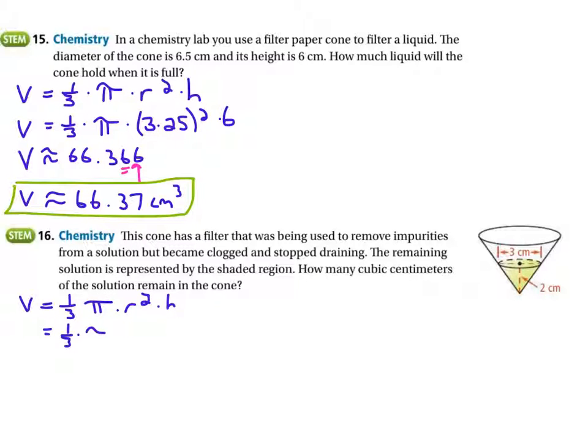Okay, what numbers do we know? Well, we have 1/3, we have pi, we know the radius. If the diameter is 3, then the radius is 1.5, and we're squaring that, and the height is 2. Okay, so let's type this all into the calculator. Just give me a second to do it.